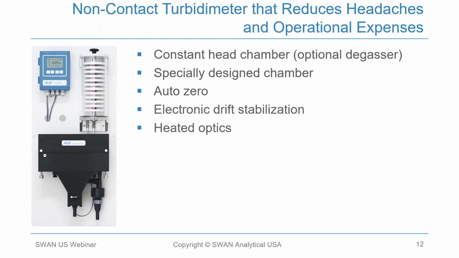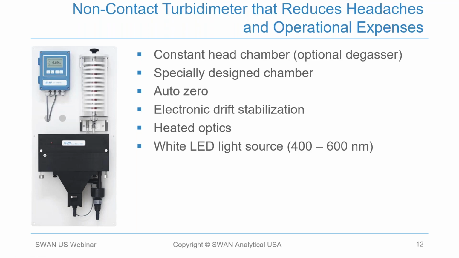The optics are heated to a constant 40 degrees Celsius to address any condensation that might occur, especially if it's in a pipe gallery during the summer months when you've got a lot of sweating on pipes. Because the optics are heated, you as an end user are not required to periodically change a desiccant or to clean the instrument to ensure a moisture-free optical path. As I said, this instrument uses a white LED source.